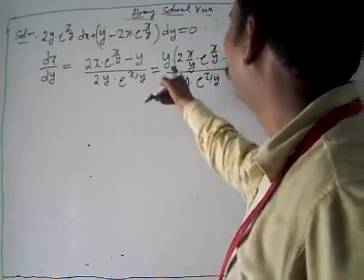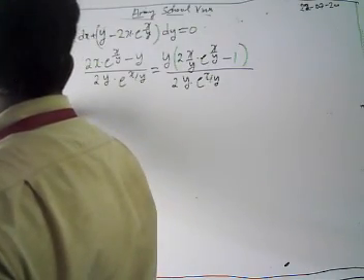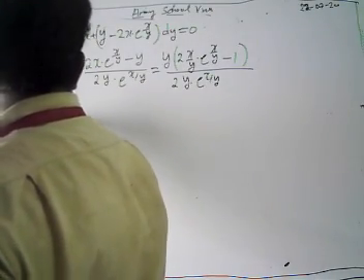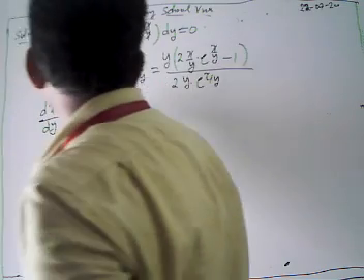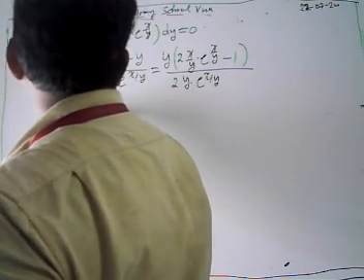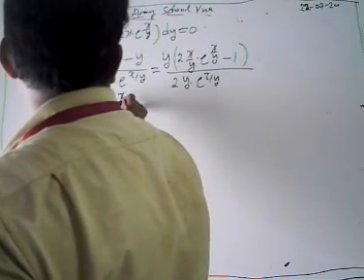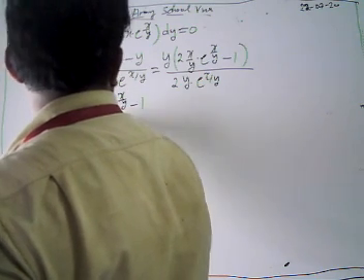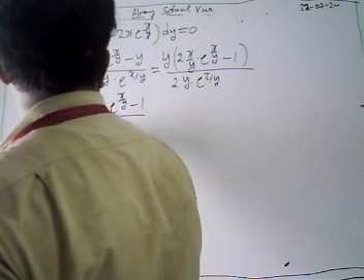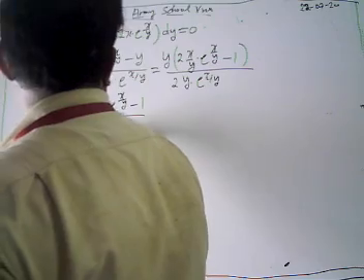Look, this y and y cancel out. Then our dx by dy is 2 into x by y into e to power x by y minus 1, over 2 into e to power x by y.